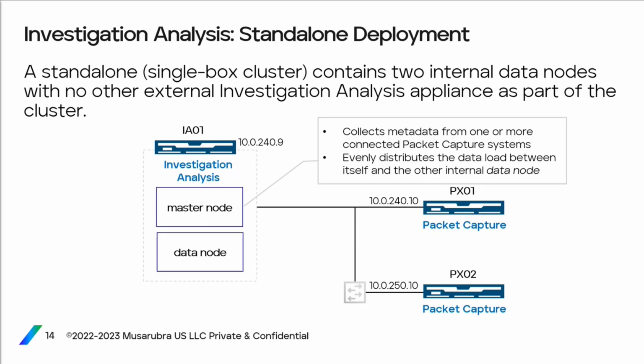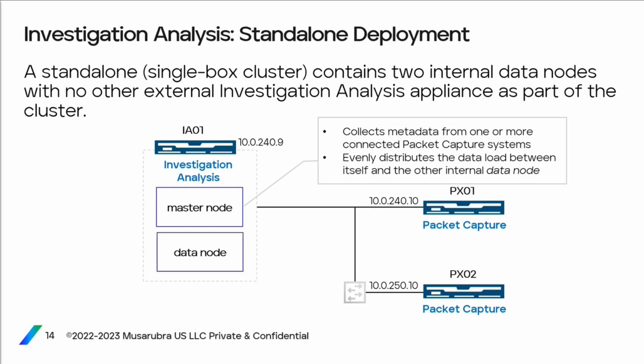In the IA or investigation analysis stand-alone deployment, this is a single box represented by the dotted lines, if you can see on the screen. Every standalone investigation analysis system is a single box cluster.